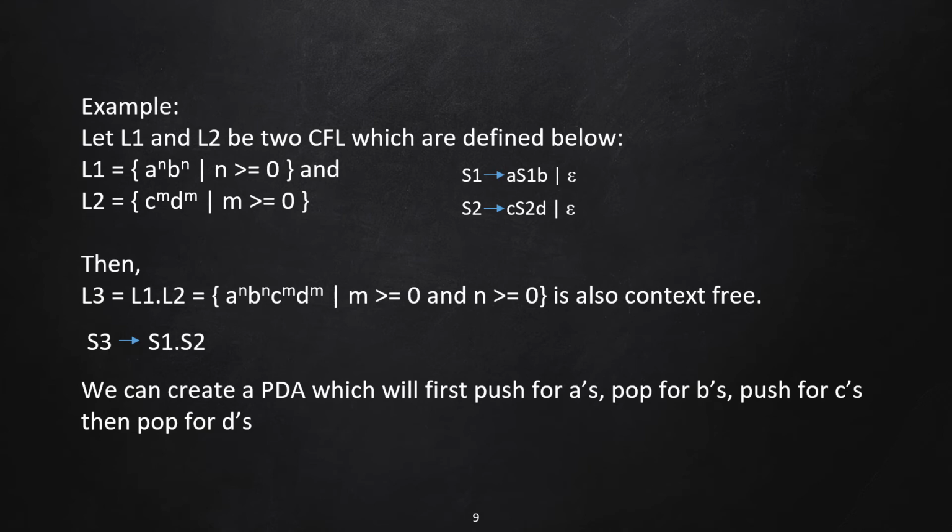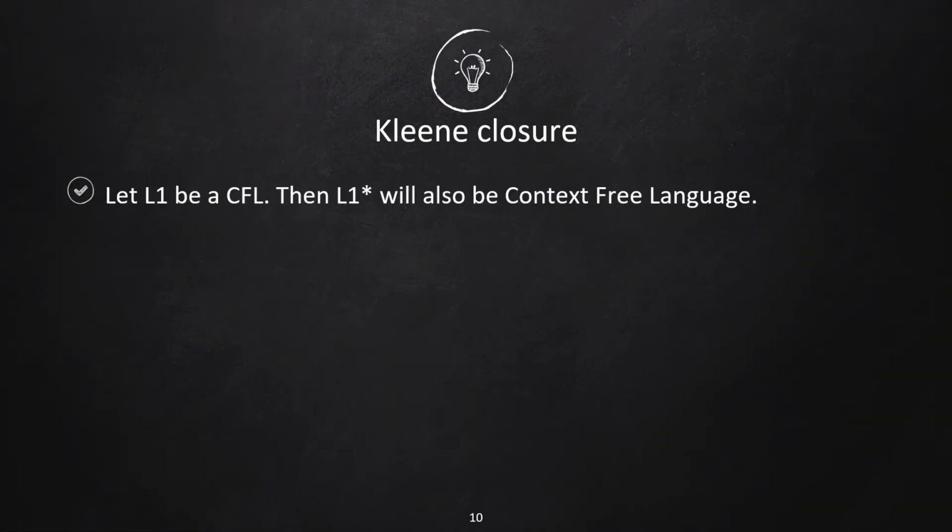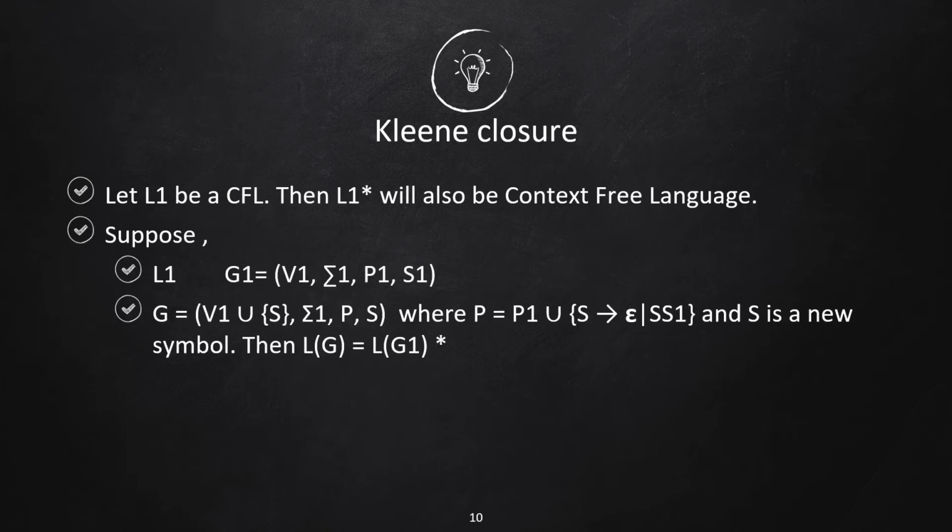Going to the next property, Kleene closure. Let L1 be a context-free language, then L1 star will also be a context-free language. Here L1 with the grammar G1 is denoted by V1, Sigma1, P1 and S1.